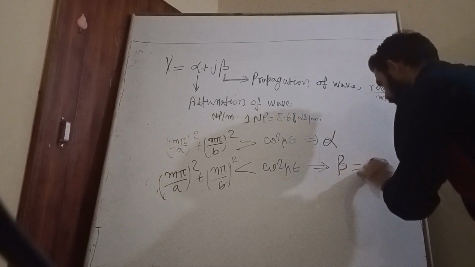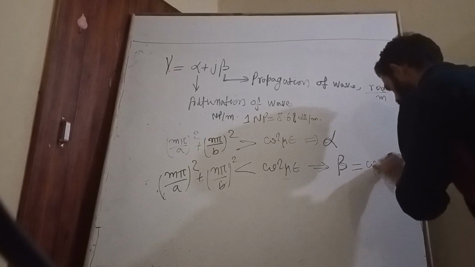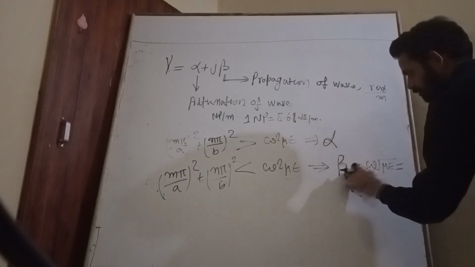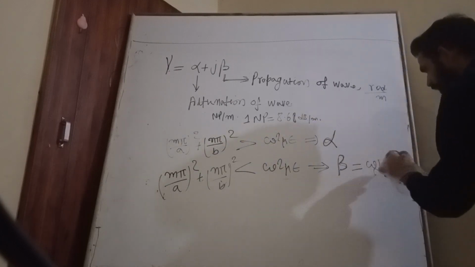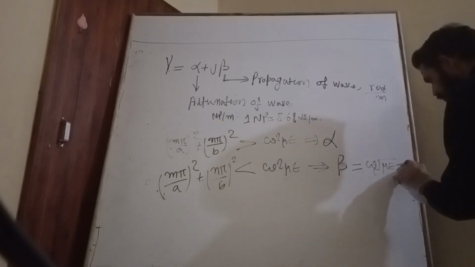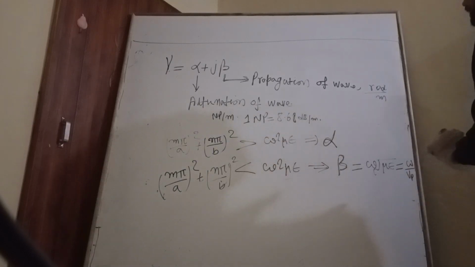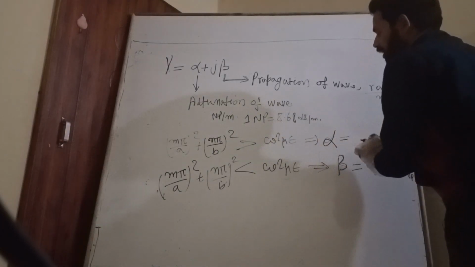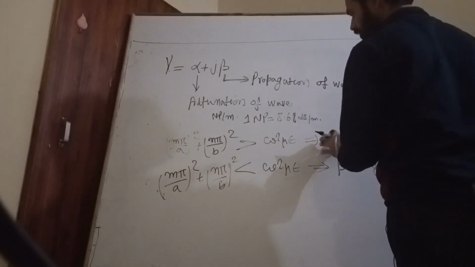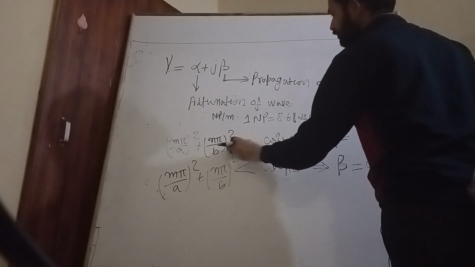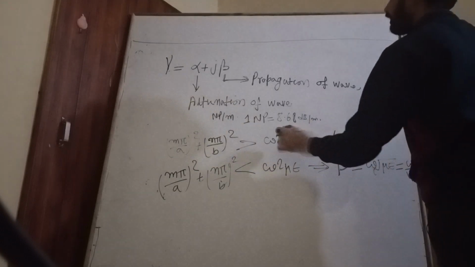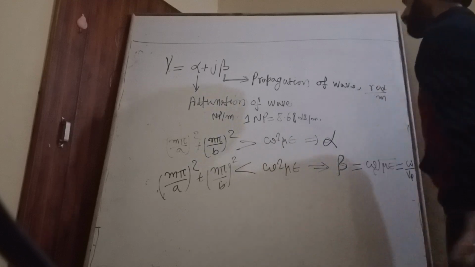So beta is nothing but omega into square root of mu epsilon, which you can write as omega by Vp. The attenuation factor alpha will come only if this factor is positive, and from here we can calculate alpha if it comes out real.